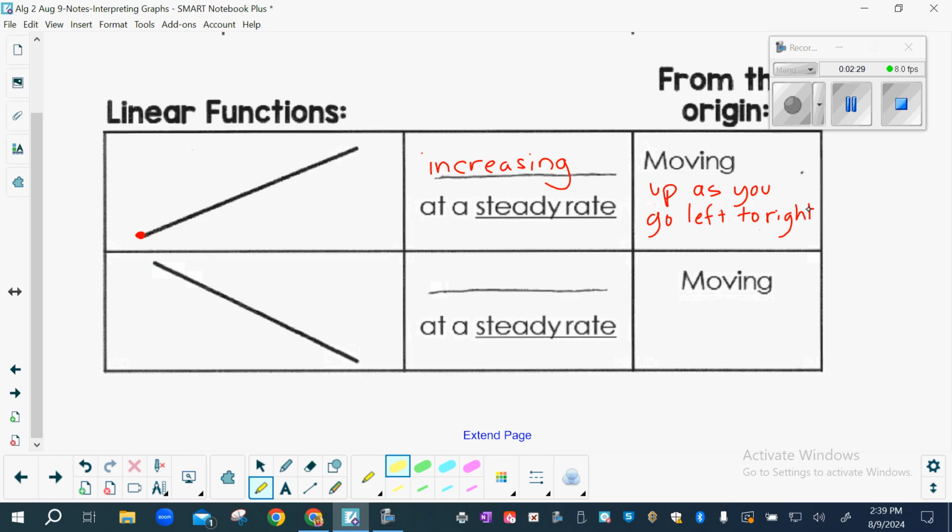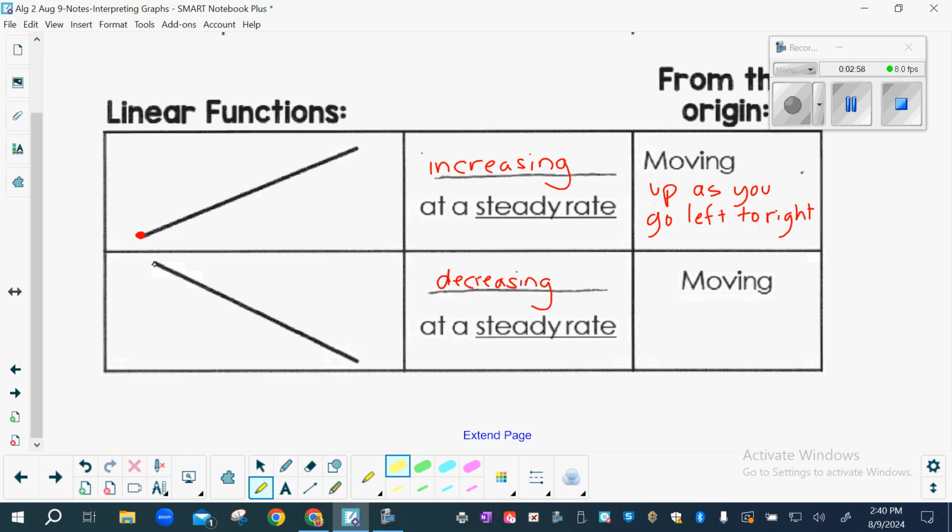So then what's happening on this next line here? It's decreasing. And again, it's decreasing at a steady rate because? Why is it a steady rate? It's a straight line. That's right. And so we're moving in what direction?